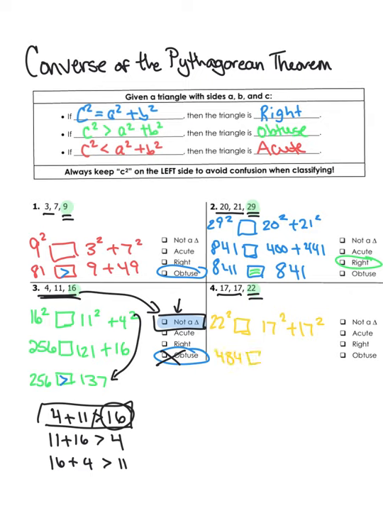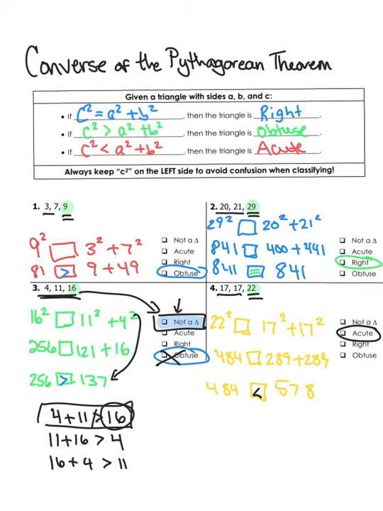And I want to know what its relationship is with 17 squared plus 17 squared. 17 squared is 289, so 289 plus 289 is going to give me 578. So 484 is less than 578. So this one is an acute triangle.